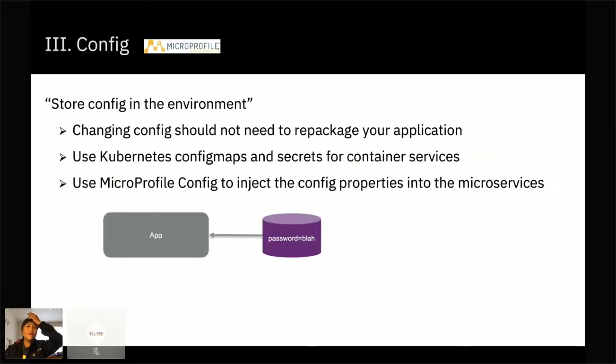The third one is the config. You should always store config in the environment. This enables you to build your microservice once and configure it everywhere. When you develop cloud native microservices, most of the time you will want to deploy to Kubernetes, and you can use Kubernetes config maps or secrets to specify your config, and then inject it into your application.